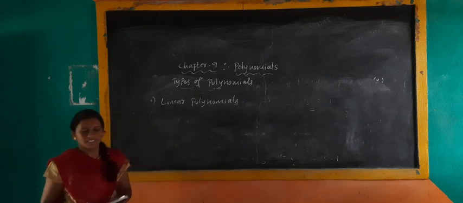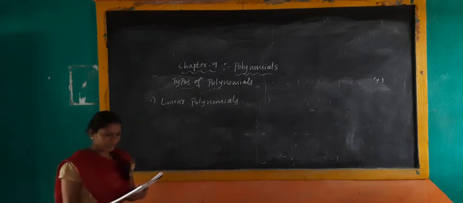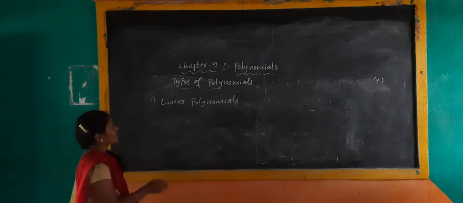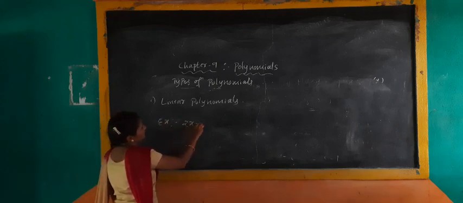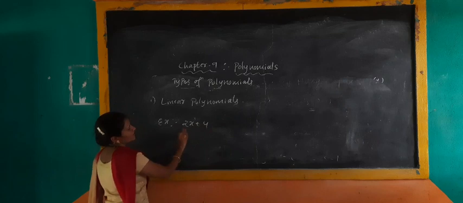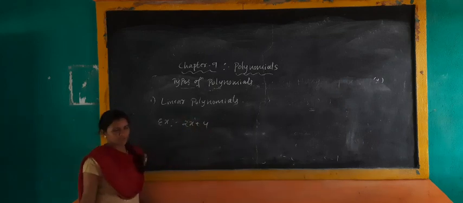What do you mean by linear polynomial? A polynomial of degree 1 is called a linear polynomial. You know already, example 2x plus 4. In this, the degree is 1, so it is a linear polynomial.